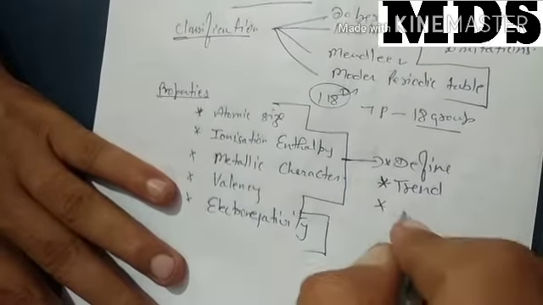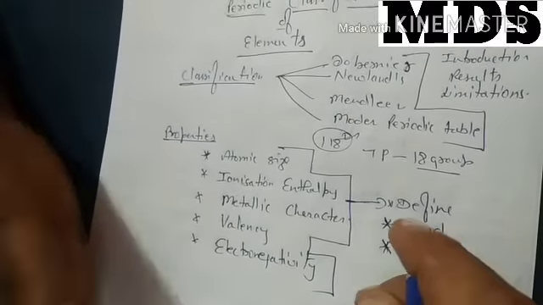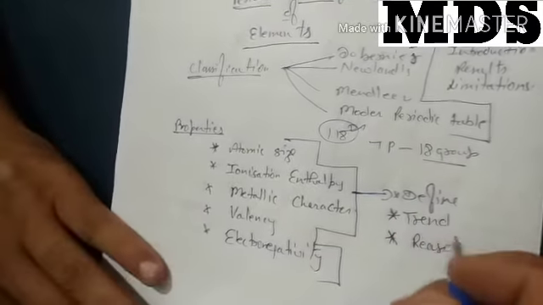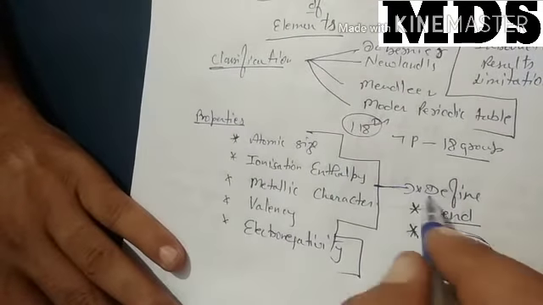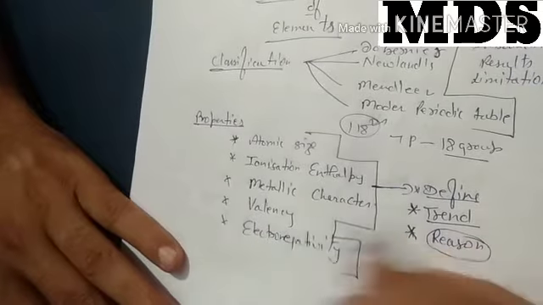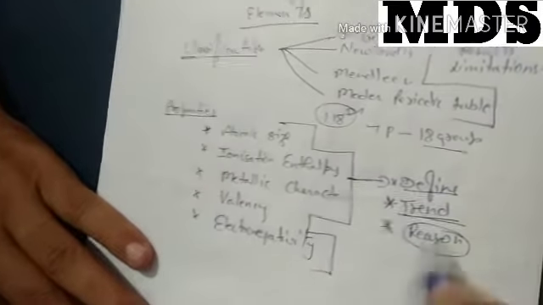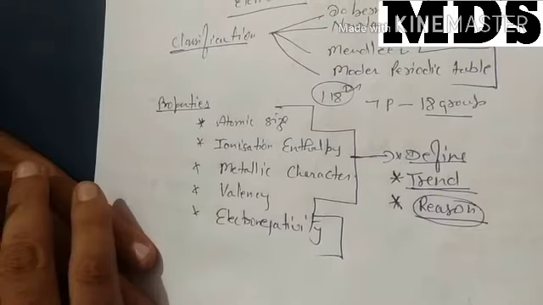The third thing, the reason for that trend. If you are saying yes, increasing, then why increasing? And if you are saying decreasing, then why is it decreasing? So you must know the reason for that trend. Definition of that property, what is the trend in the periodic table of that property, and what is the reason for that trend in the modern periodic table particularly.